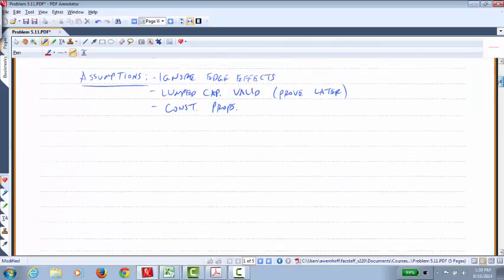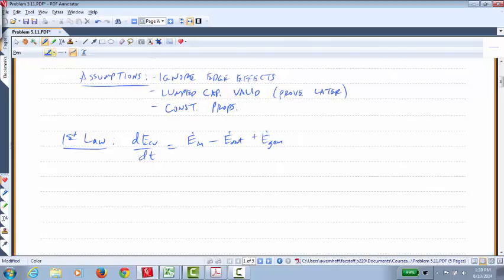So we can then apply our first law. dE_st/dt is equal to E dot in minus E dot out plus E dot gen. This is a transient problem, so we have to keep that dE_st/dt term. We know that E in is q_h. We know that E out is convection plus radiation. And we know there's no generation.